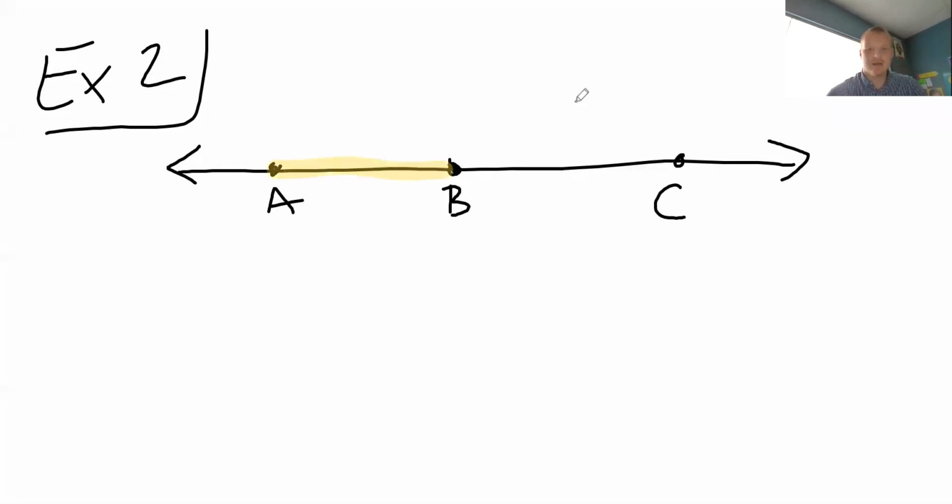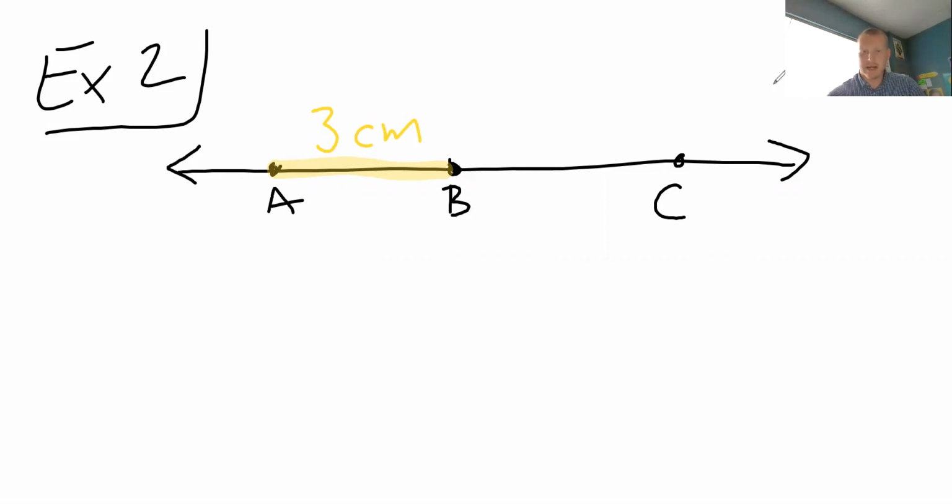Segment A to B is 3 centimeters long. And A to C is 7 centimeters long.